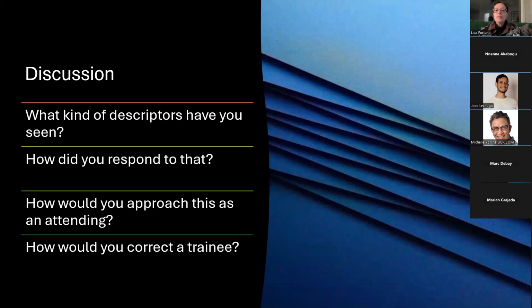It's just modeling a better way. And then maybe if things are really serious and require a little more attention, I might have a conversation one-on-one with the trainee to explain a little more and emphasize the potential implications of the way they present it.